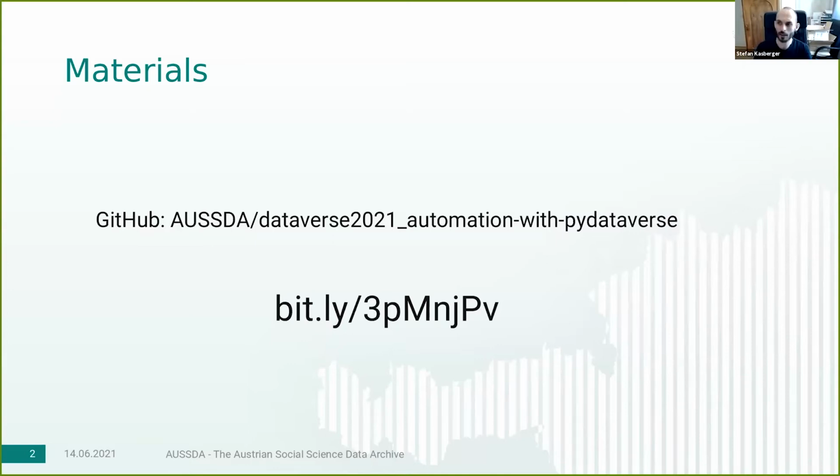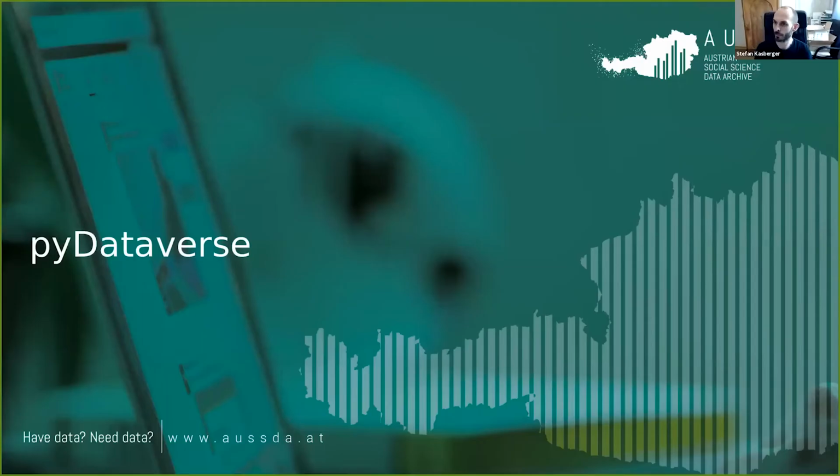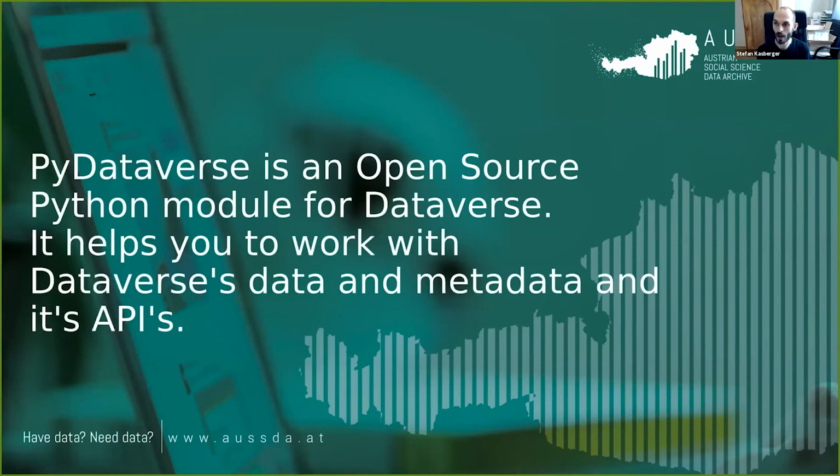Before we can look at what automation and migration are in the Dataverse world, you need to understand a bit about pyDataverse itself. pyDataverse is an open source Python module for Dataverse, and it helps you with Dataverse's metadata and data formats, and also with its different APIs.